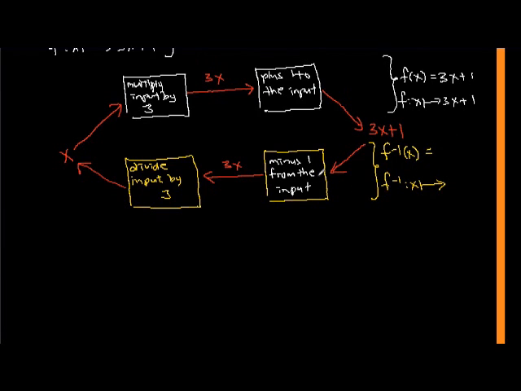Well, let us follow the process. Let's start from x. After it goes through the first machine, it will become x minus 1, and then divided by 3. And this is (x minus 1) divided by 3.